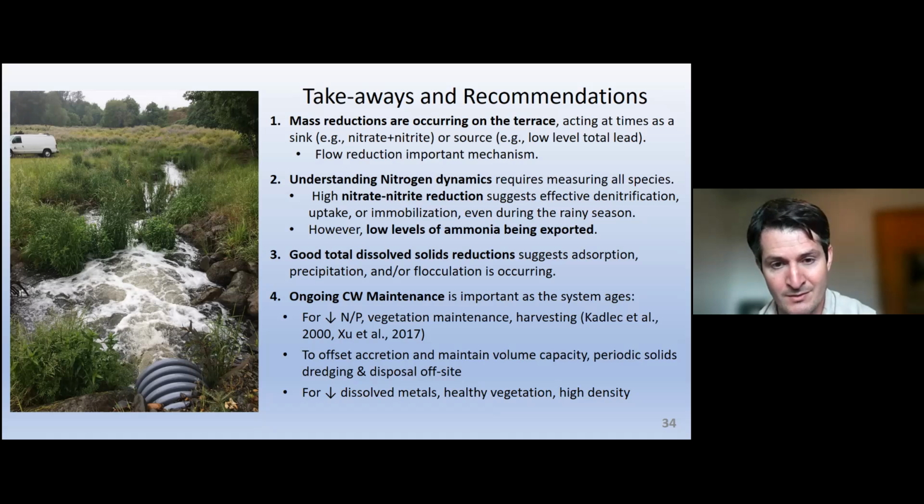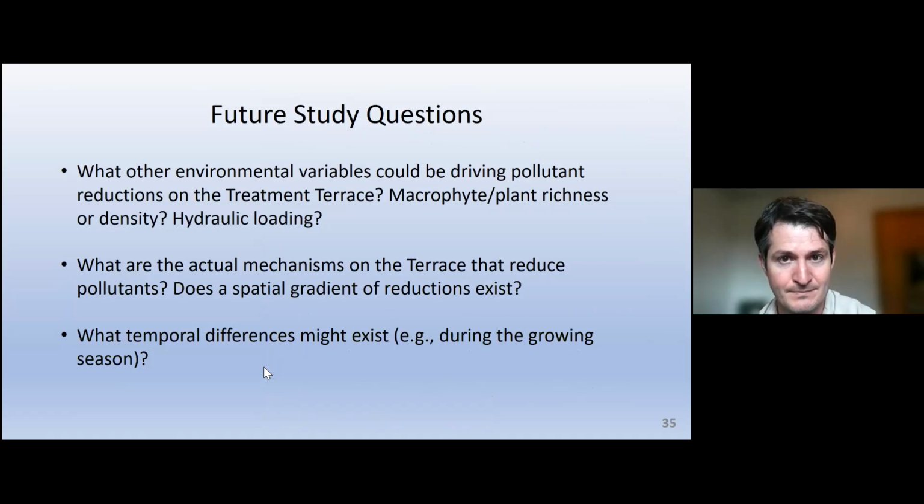Managing the soils and the retention cells is important to maintain volume capacity, and just high density vegetation will help continue increasing the surface area available for active sites and metals to be kept in the system.